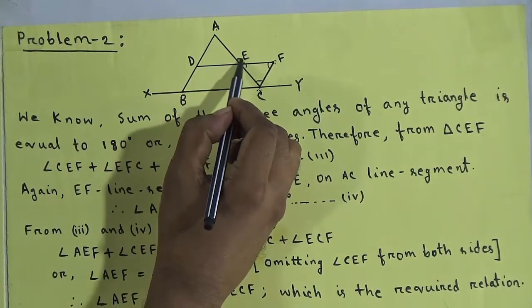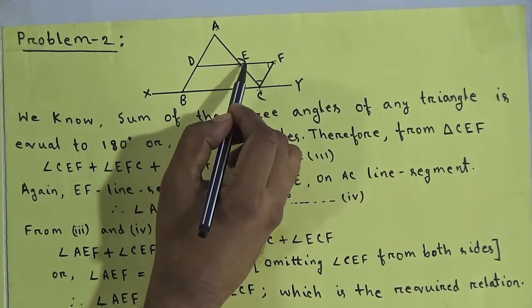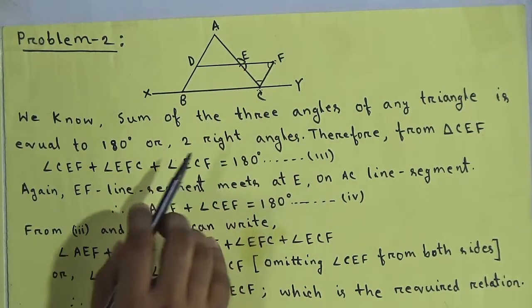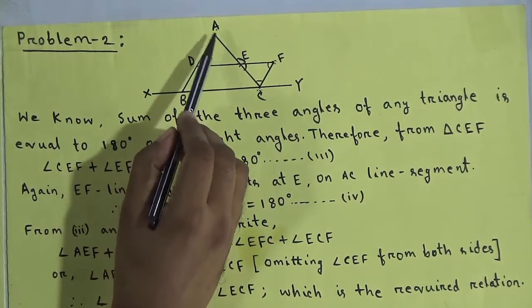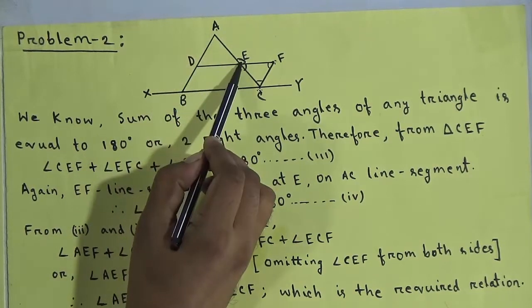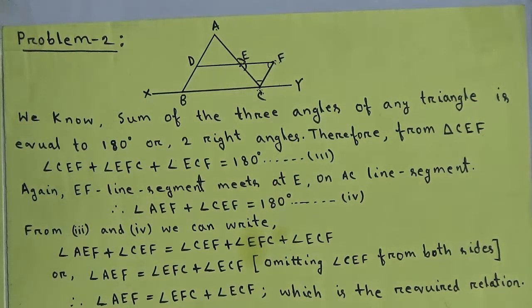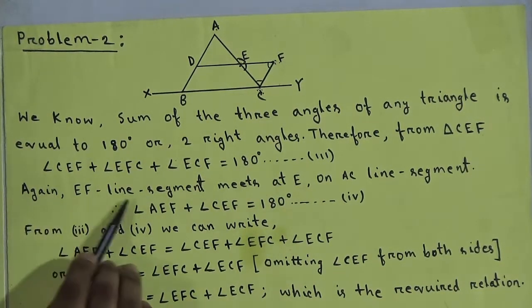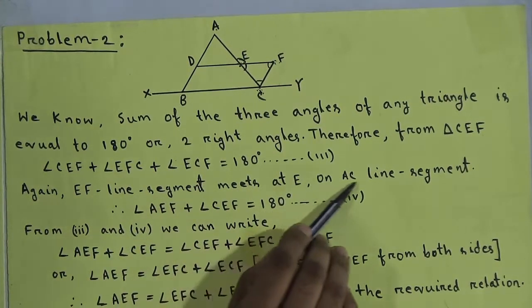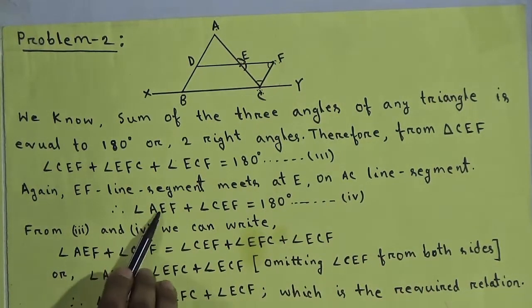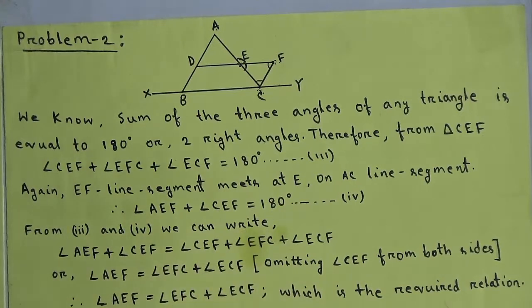The sum of these two angles is one straight angle, or 180 degrees. So AEF plus CEF equals 180 degrees. This is equation number 4.